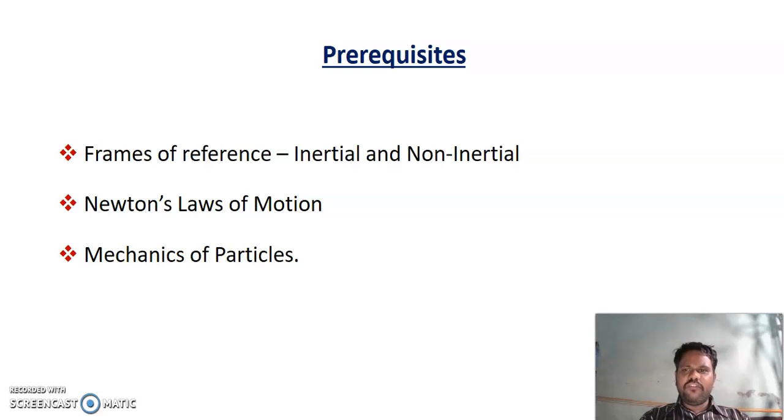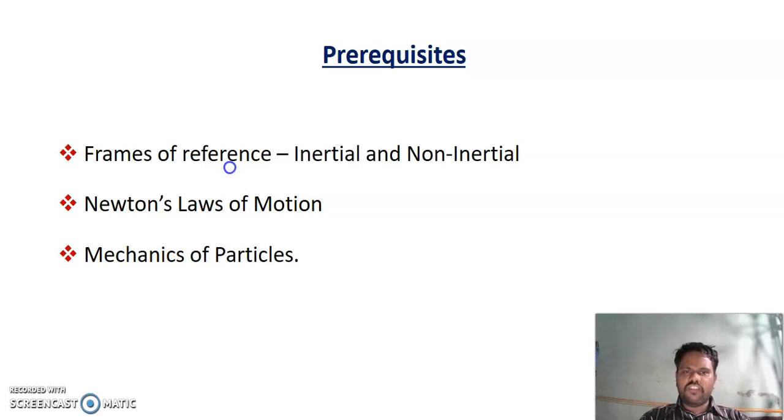You should have a brief knowledge about a frame of reference, their types, mainly inertial and non-inertial frames, and the Newton's laws of motion and the mechanics of particles. To recollect, any coordinate system associated with time is known as frame of reference.